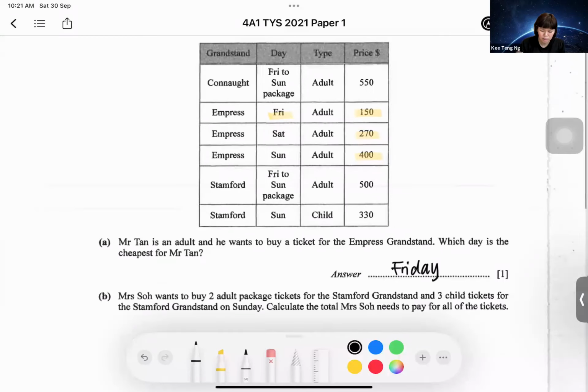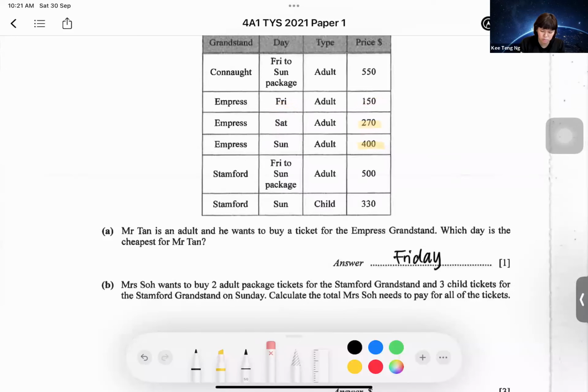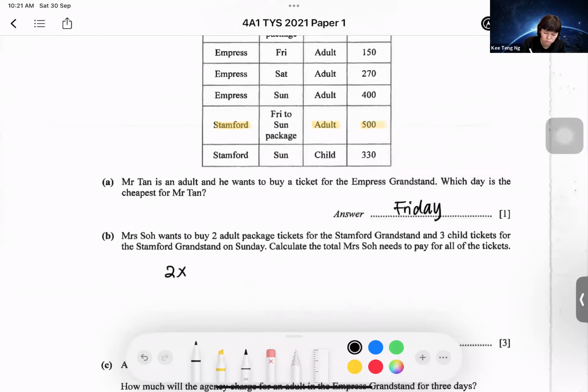Right. Next question. The question says Mrs. So wants to buy 2 adult packages for Stanford Grandstand. Adult, Stanford Grandstand, so we only have this choice, $500. So 2 adults, 2 times 500 for the adults.